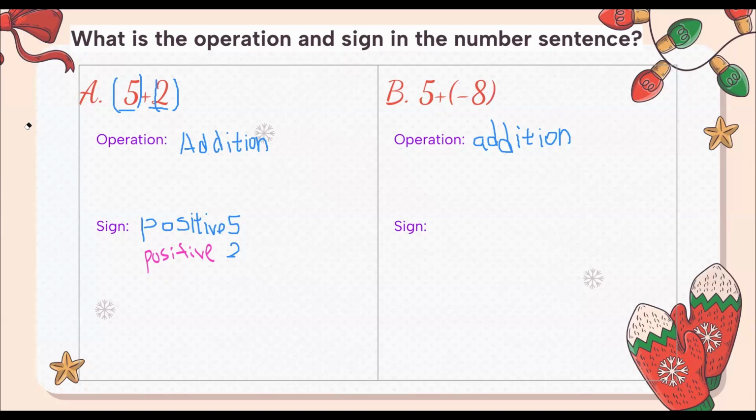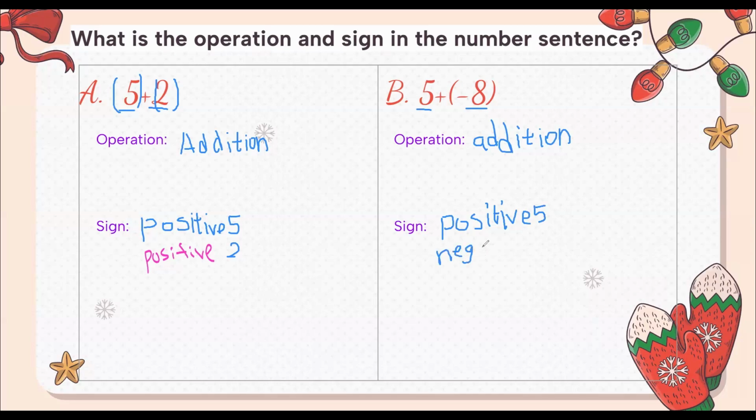So here is another question for you. What is the sign of the integers in this number sentence? We have integers 5 and 8. So you have positive 5, since 5 has no sign in front of it, and negative 8.